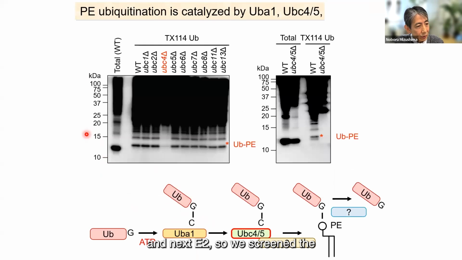And next E2, so we screened the E2 enzymes in yeast and found that UBC4 is very important, but there was still some signal in the UBC4 mutant. But if we deleted both UBC4 and its homologue UBC5, the signal was completely gone. So UBC4 and UBC5 are E2 enzymes.